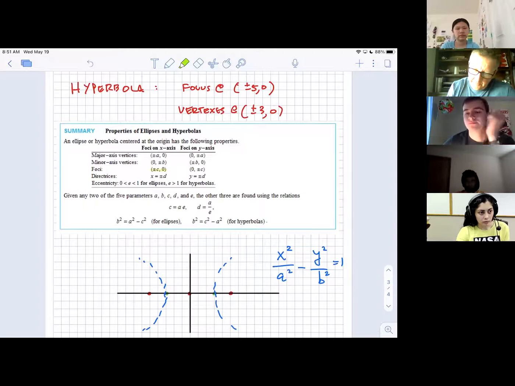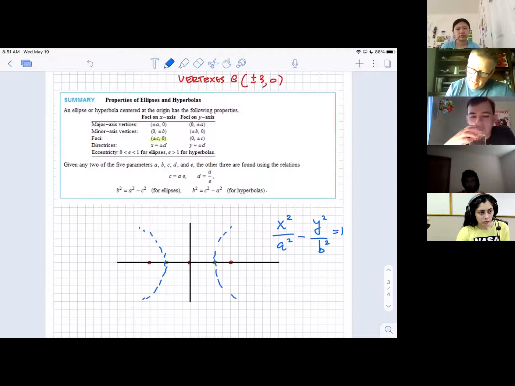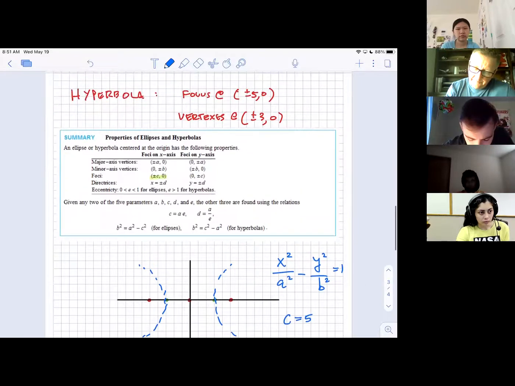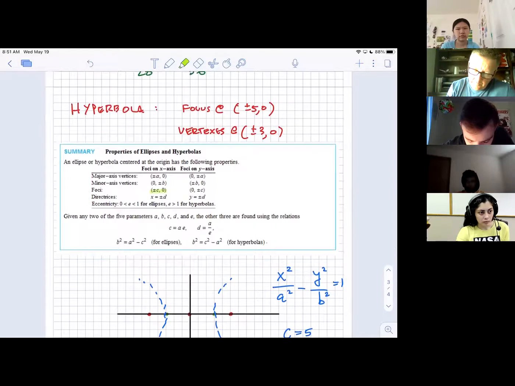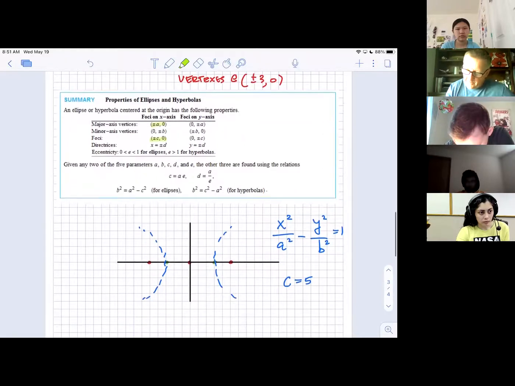So I'm looking at this note saying, oh, okay, C is 5. So there's a clue that I need to include. C is 5. And then I was told the vertices, the major axis vertices, were plus or minus a, 0. So that for me was 3. And so I know A is 3 now.